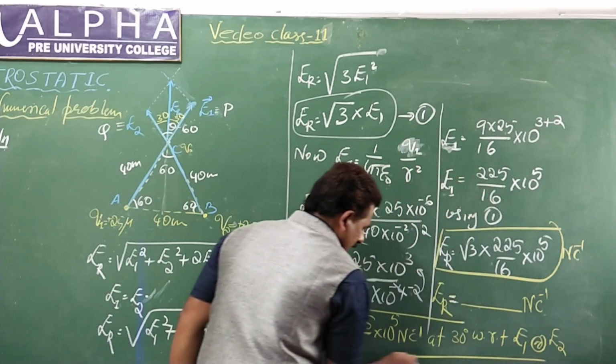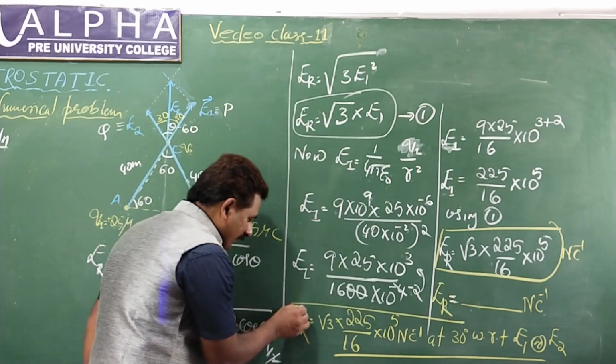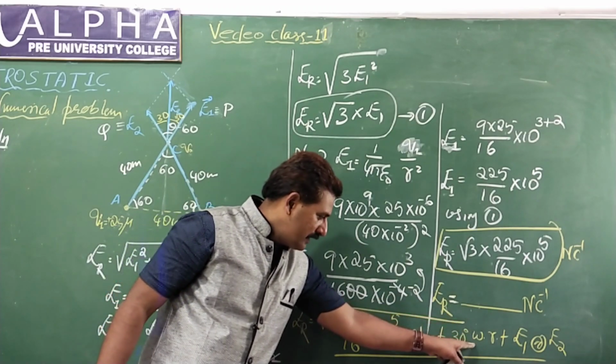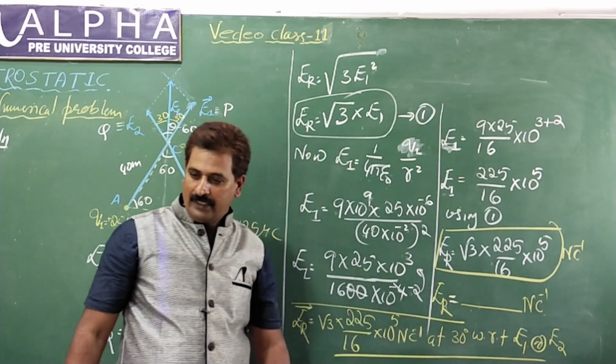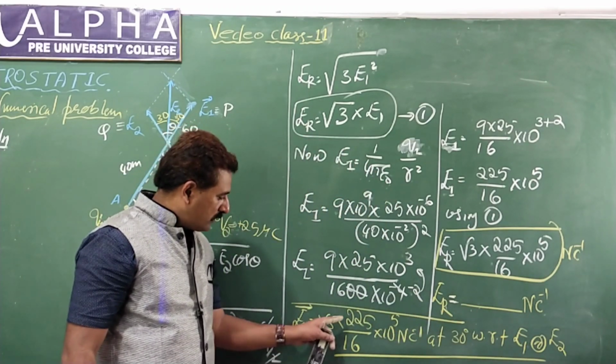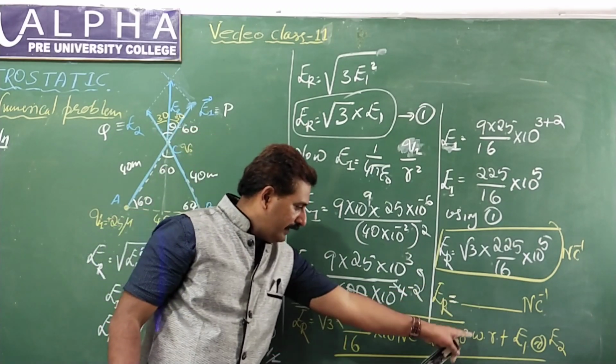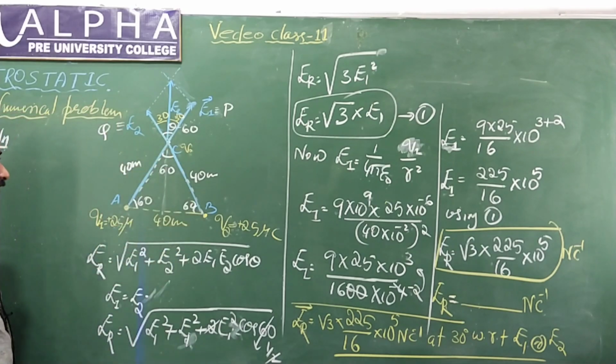This is a vector. You write it like this because you have written the magnitude and the direction. Like that you have to write the answer.